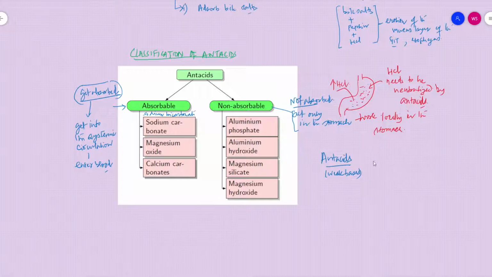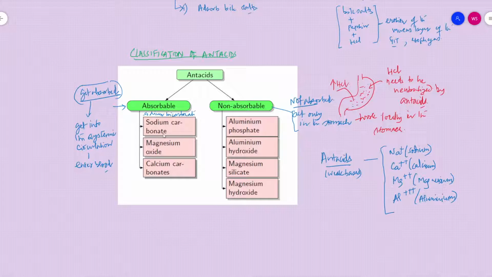If we look at the examples, we understand that they are basically salts of sodium, salts of calcium, salts of magnesium, and salts of aluminum. So antacids are salts of sodium, calcium, magnesium, and aluminum.